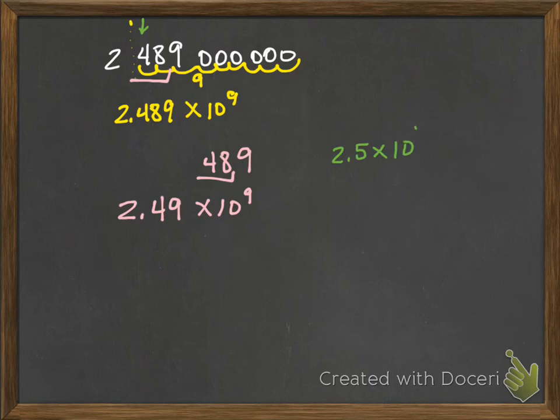The 10 to the 9th doesn't change because that's how many times we went over from the original decimal. No matter how many places we round to, the 9 is going to stay the same. The only thing that's going to change is this part right here, so we would round those numbers.